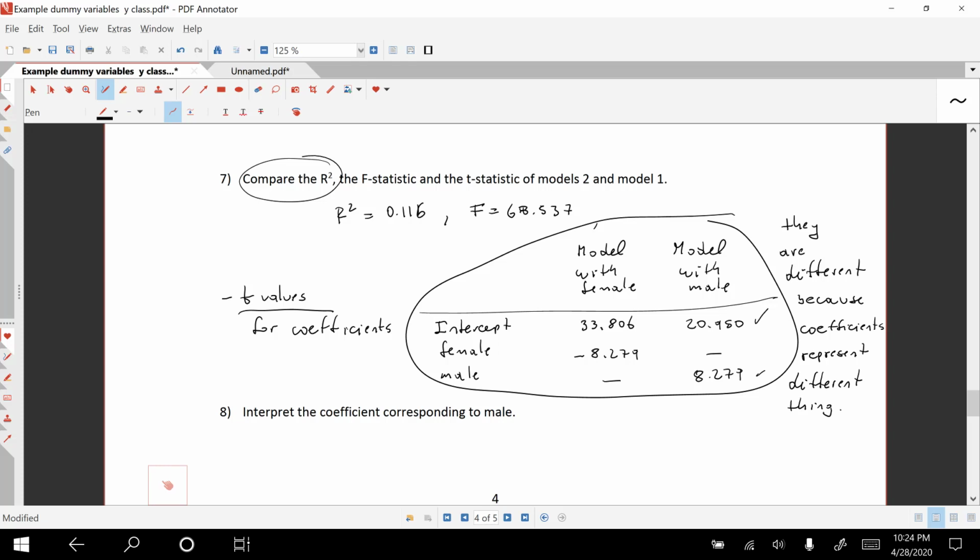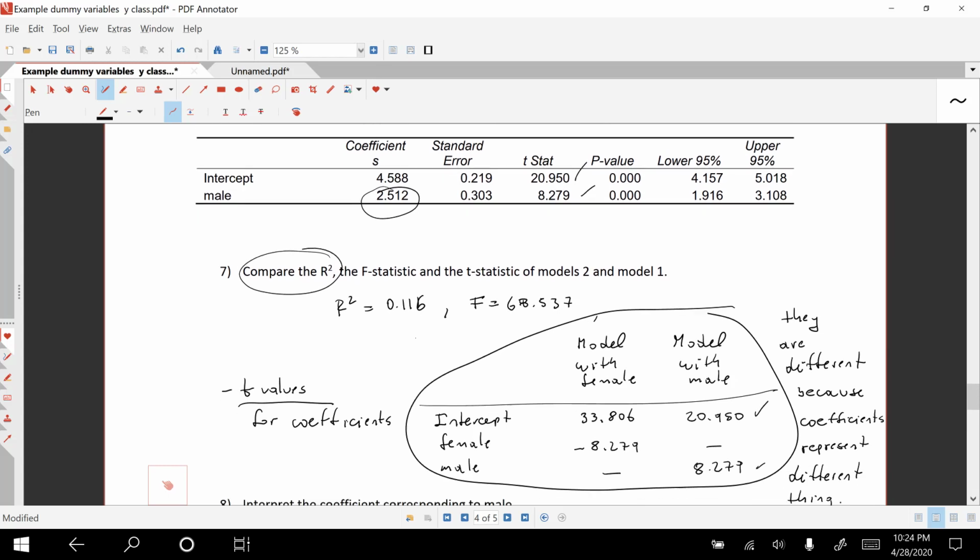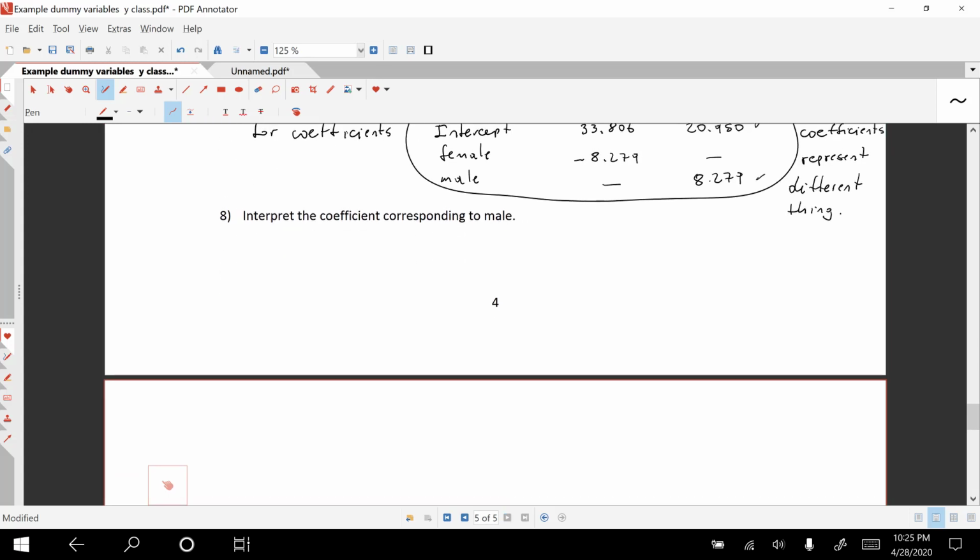Okay? So let's interpret the coefficient related to male as before. 2.512. Again, the one corresponding to male means that the base category is female.